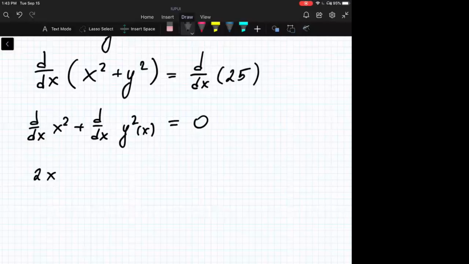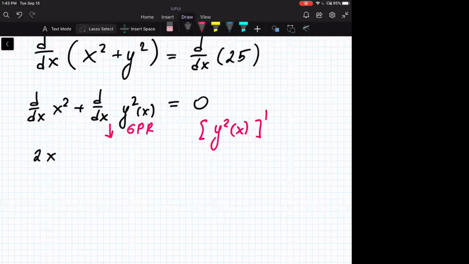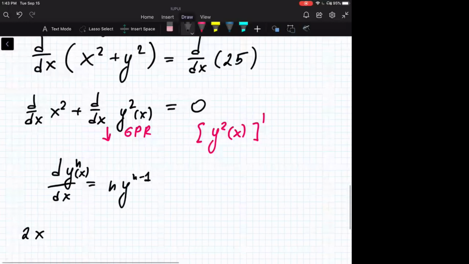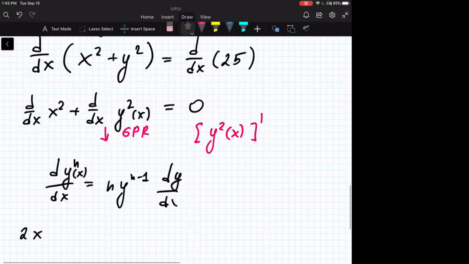And again, I can use the generalized power rule, right? So I have the derivative of y squared of x. All right, and let's recall that d over dx of y to the power n, where y is a function of x, is equal to n times y to the power n minus 1 times dy over dx, right?